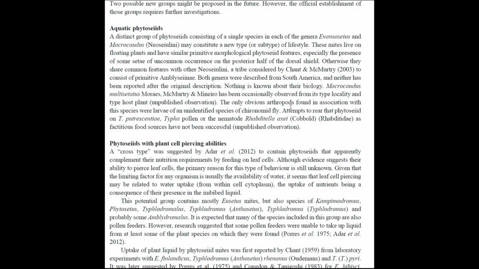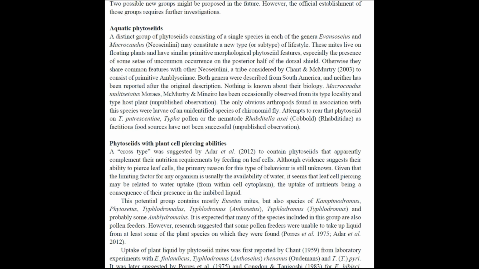This is a pretty small group, but it seems like there is some evolutionary development that might allow for aquatic or semi-aquatic behavior. And this is probably something that's a little bit more esoteric and probably not very helpful or related to people who are using these mites in biocontrol, at least for now.